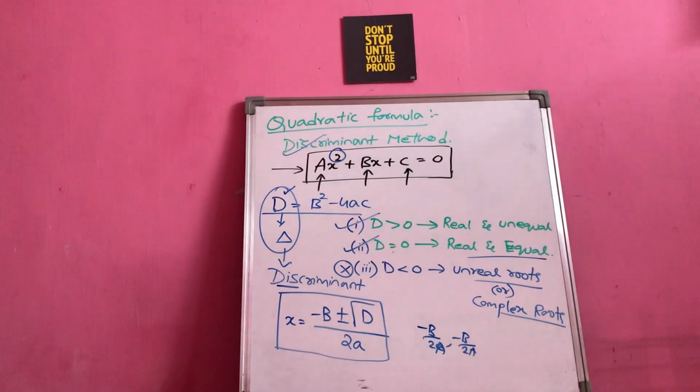There I told you why we write two roots: because it's a quadratic equation, which means the highest power or degree is 2, so it should have two solutions. Just to satisfy the significance of degree, we write the two roots as the same. This is the important point to remember for the D equal to 0 case.